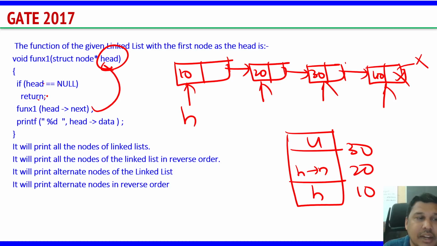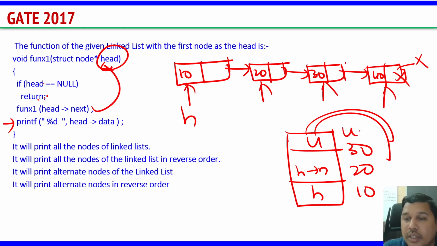So it will come here. Then there is a printf statement. Print head of data. When I am printing it, it will print in this order only. It will take 40 first, then it will print 40, then 30, then 20, then 10, because recursion uses stack data structure. So in stack it is like filling one on top of each other, right.